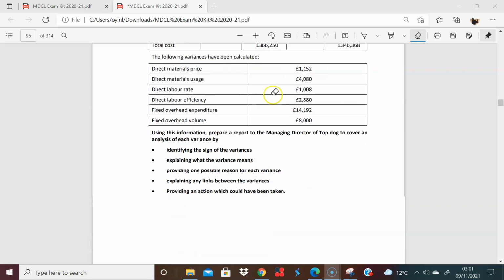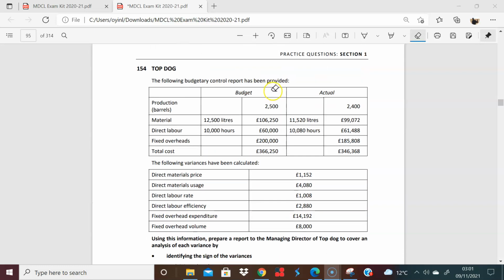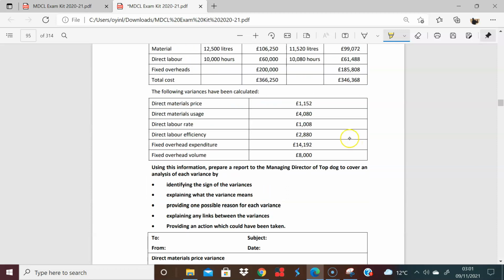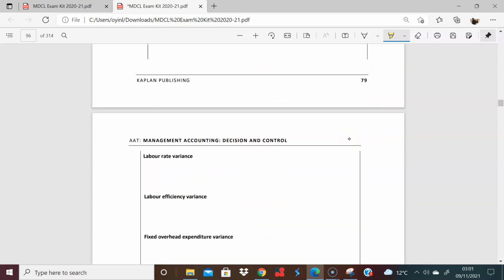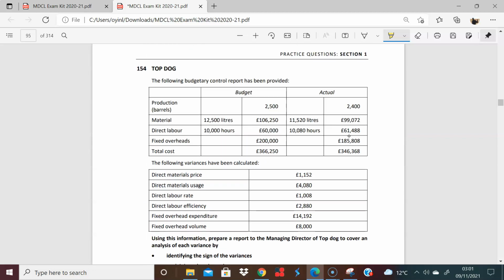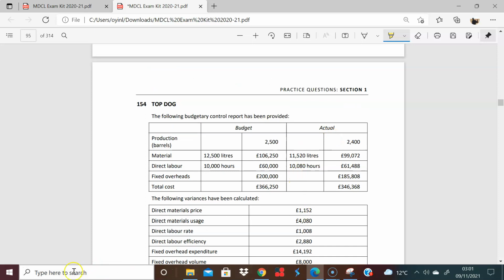Anyway, let's work through it. We're just confirming their answers. So what do we have here? We're just doing what they want. Let's calculate what these variances are, and then we will discuss them. Let's start from the beginning, and I think that's really your first task.